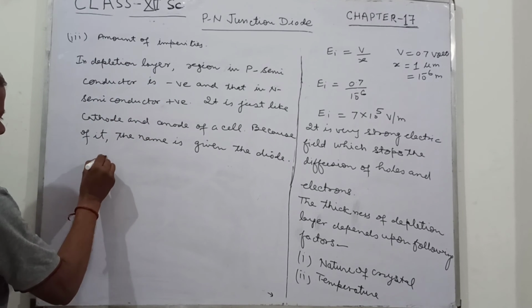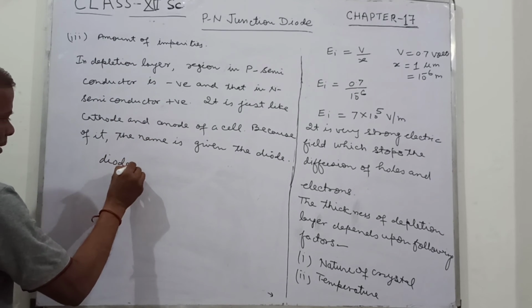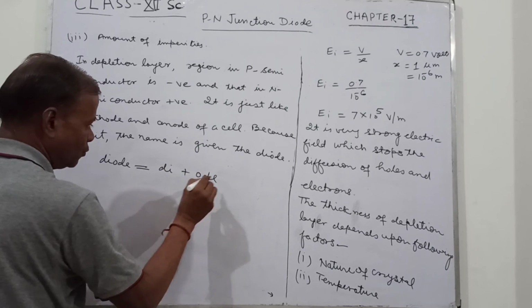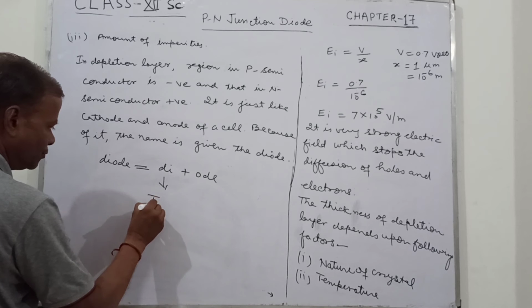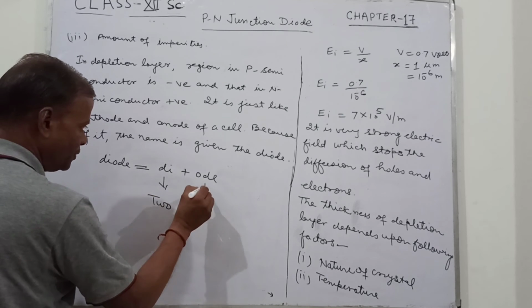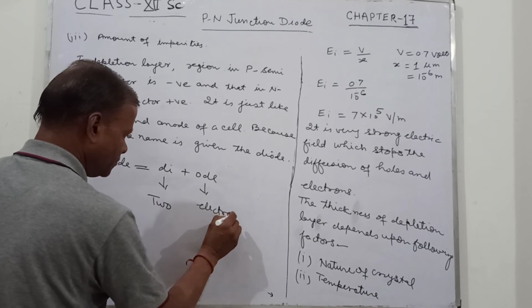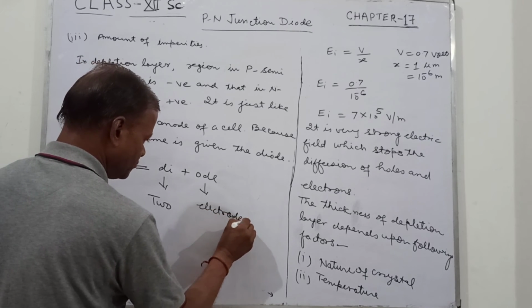So this is di plus ode. Di means two, ode means electrode.